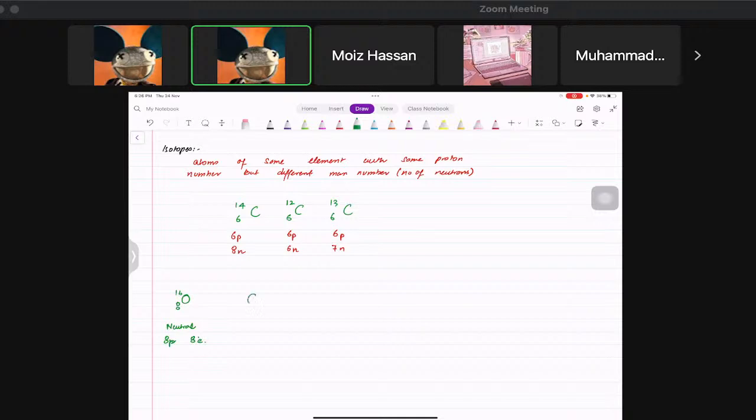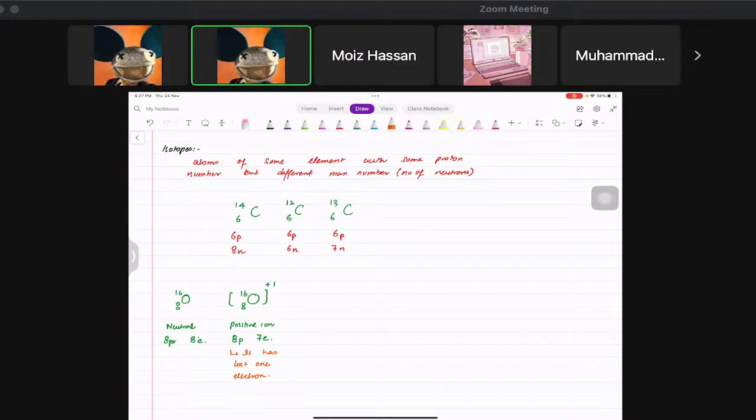But if this was oxygen 16 8 with a positive sign here, that means it is now a positive ion, and a positive ion means it has 8 protons but 7 electrons. So how does something become positive? Because it has lost one electron. So an element can gain or lose electrons, it cannot gain or lose protons.